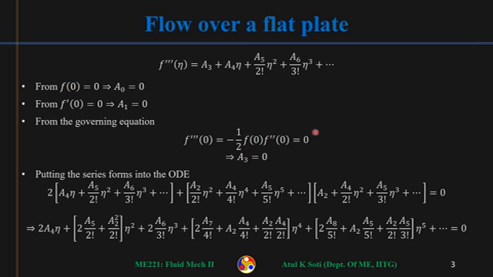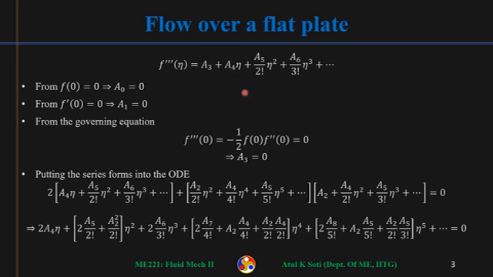So this thing is 0. So using existing boundary conditions, I can also find out that f triple prime at eta is equal to 0 should also be 0. That means a3 also needs to be 0. So from boundary conditions we have seen that a0, a1 and a3 are 0.